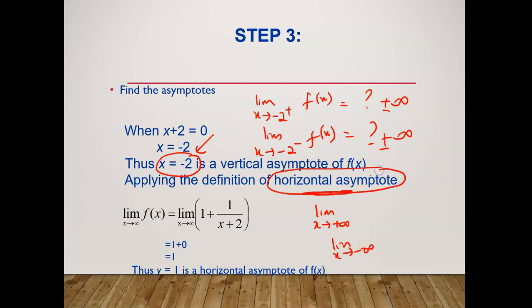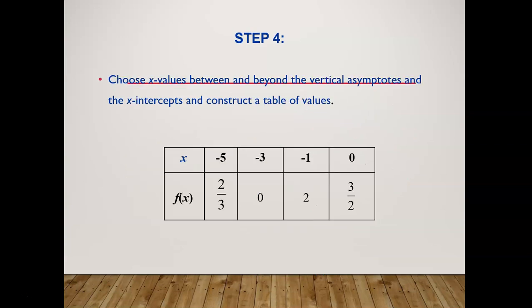Okay, for that horizontal, you have to find the limit approaching infinity. For vertical, you have to find the limit on that vertical. Okay, and then choose x values between and beyond the vertical asymptote and x-intercept. This one you can do, if you didn't do it also can.